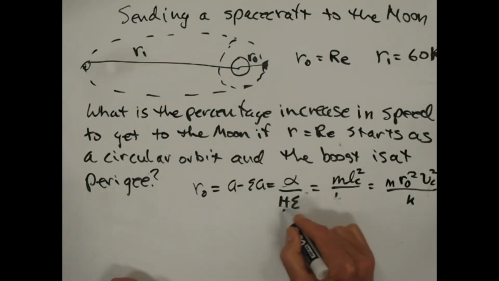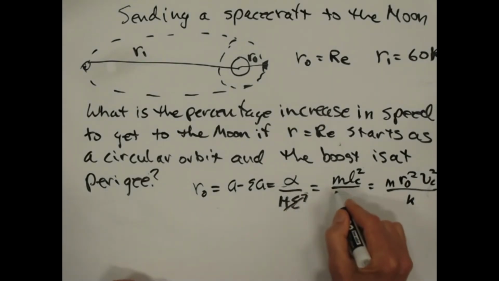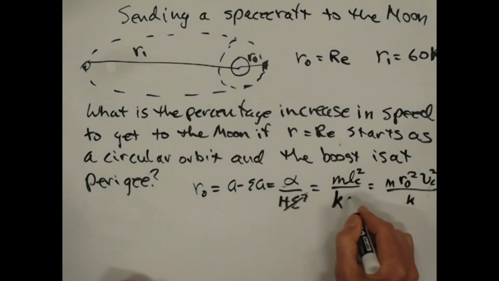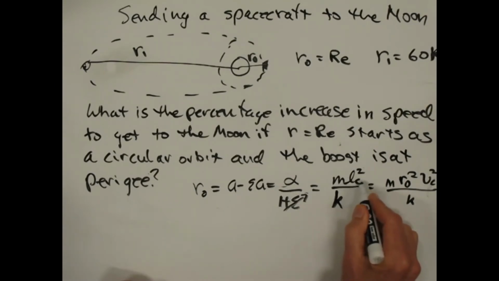But for the circular orbit, epsilon is just 0, so it's just alpha, and alpha is just m l squared over k. I put l_c for the circular orbit because that's going to matter.